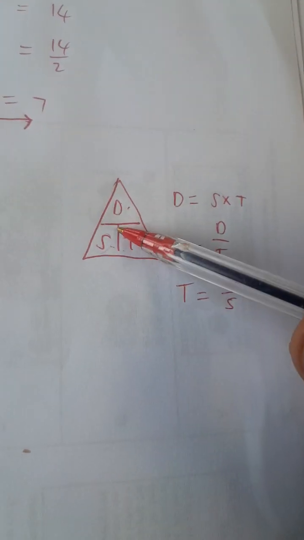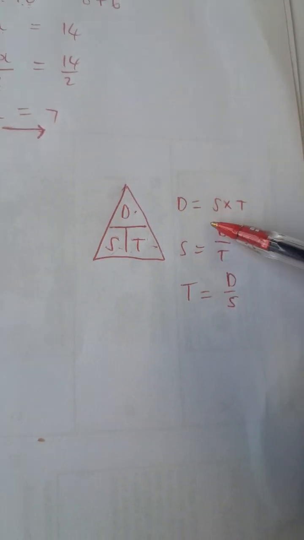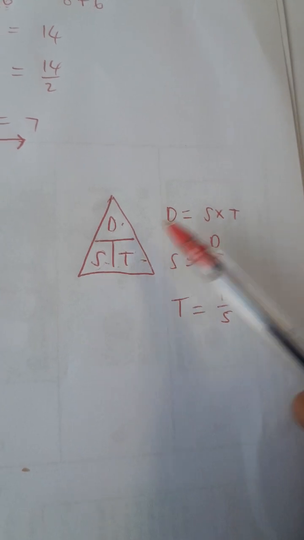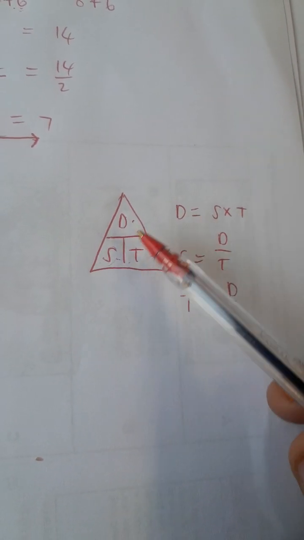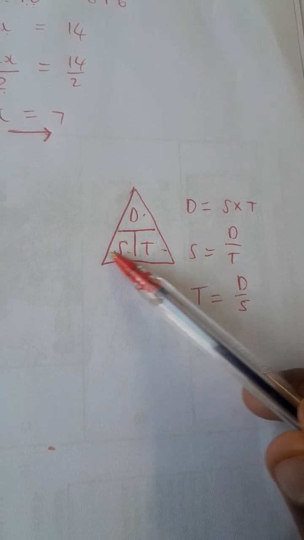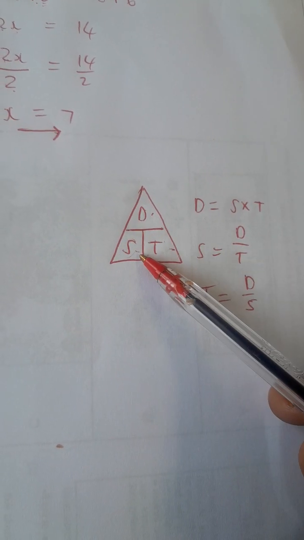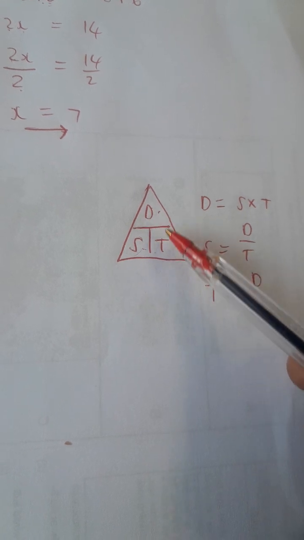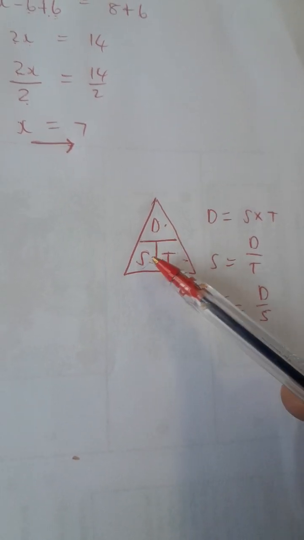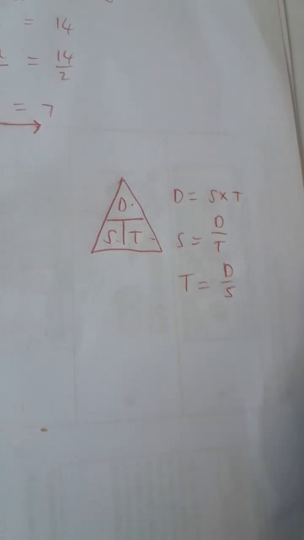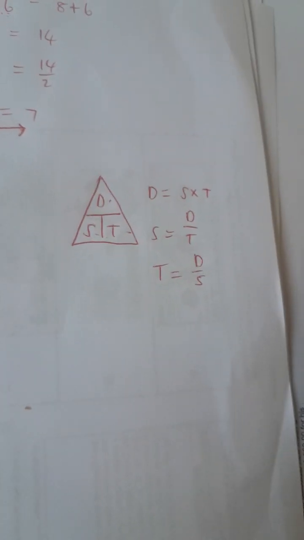And this triangle here, DSTV, satellite dish, I usually say that to my learners, is just there to help us remember the formulas, okay? Distance is equal to speed times time, because S and T are next to each other, so it only can be multiplication. Then speed is equal to distance over time. That's already D over T, right? And then time is equal to distance over speed. So these are the formulas that I would need for that.